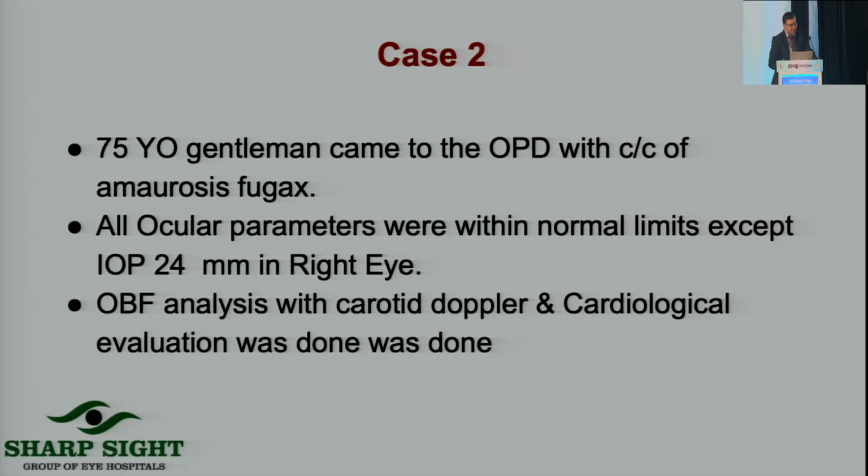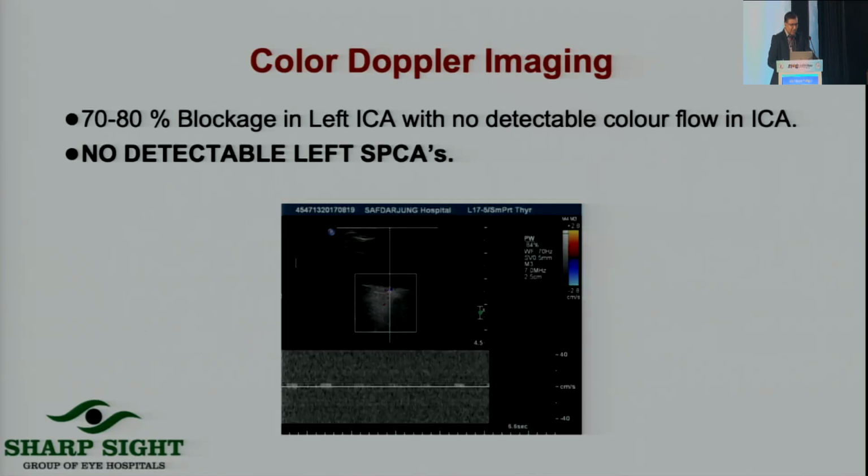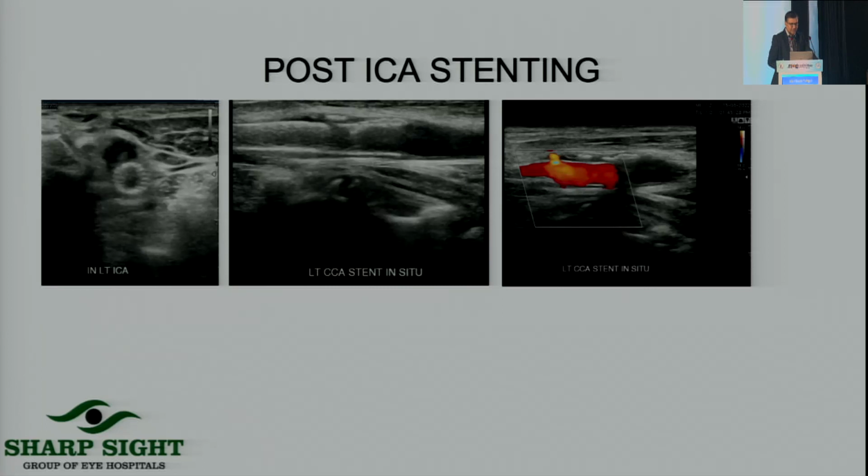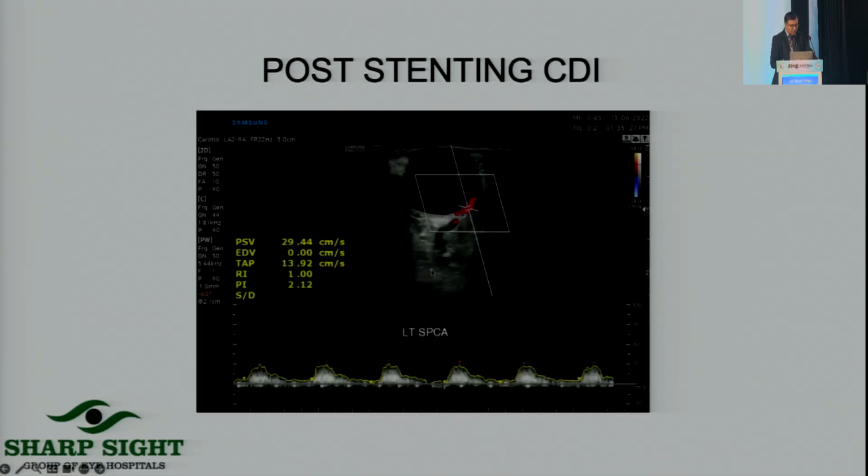Case 2, similar patient, after doing a cataract surgery, there was a pressure of 24, referred to the glaucoma clinic, everything was almost okay. We went ahead with the ocular Doppler, and there were no detectable left short posterior ciliary arteries. Here again, in the internal carotid artery, there was a plaque, and there was a blockage, stenting was done. And post-stenting, when we did the ocular Doppler, we could get some flow in the short posterior ciliary arteries.